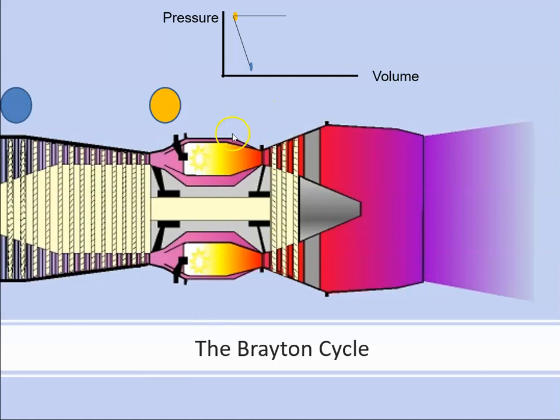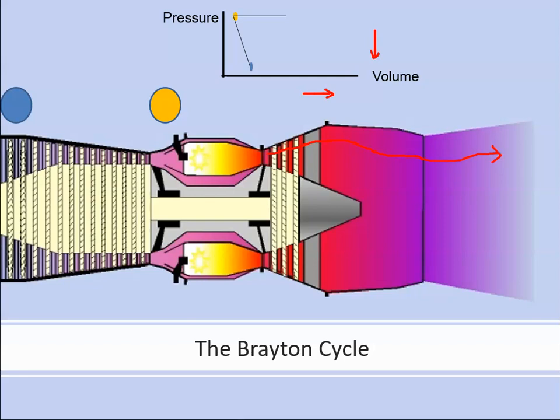Then the air goes through the turbines and it begins to expand, and if it expands, then its volume will increase and its pressure will decrease. So it goes through the turbines, out through the exhaust, and then out through the nozzle.